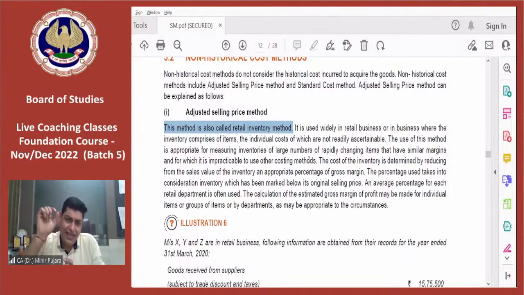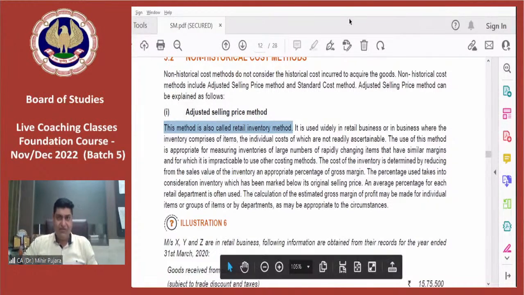And now, guys, in this method, we have to find out GP percentage, GP ratio, and all that. Now, you can read this paragraph afterwards, but in this method, there are 4 important points which I am sharing.